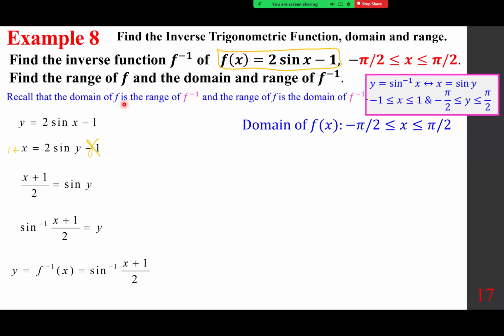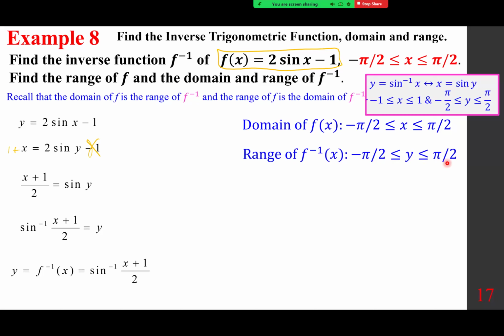Recall that the domain of f is the range of f inverse, and the range of f is the domain of f inverse. Therefore, this becomes the range of its inverse. So range of f inverse of x, meaning y now, is between negative pi over 2 and pi over 2.